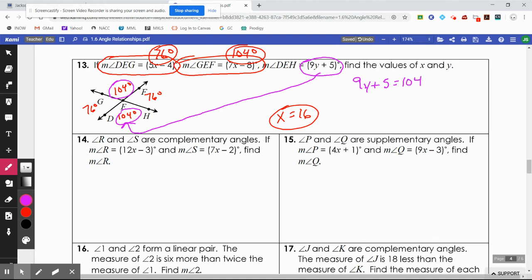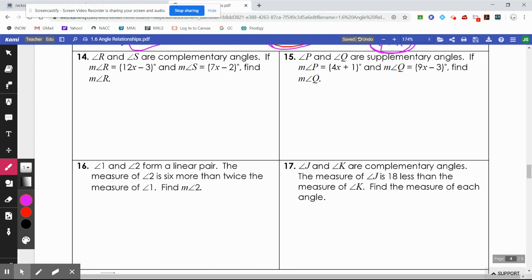So I can solve this equation to figure out what y is. To get rid of plus 5, we're going to do minus 5. I now have 9y is 99, so y has a value of 11. And it told me to find the values of x and y, and there they are, 16 and 11.